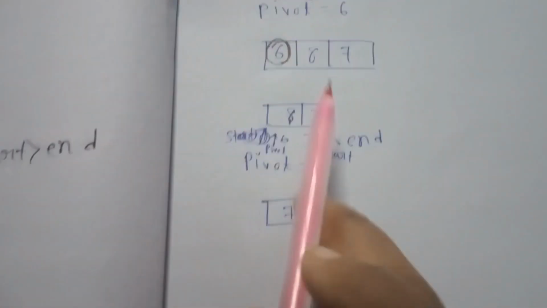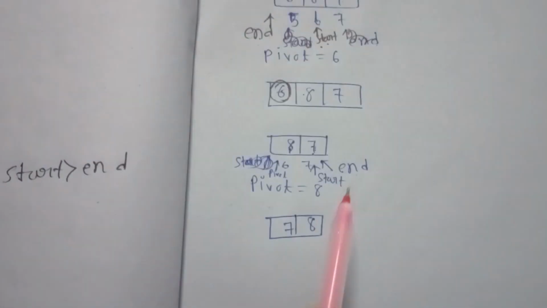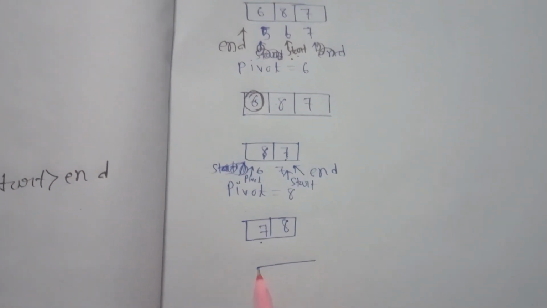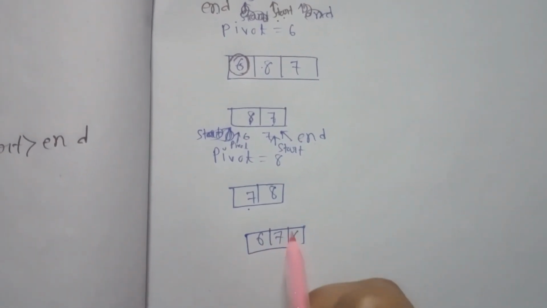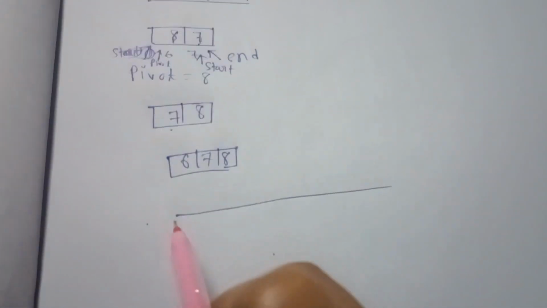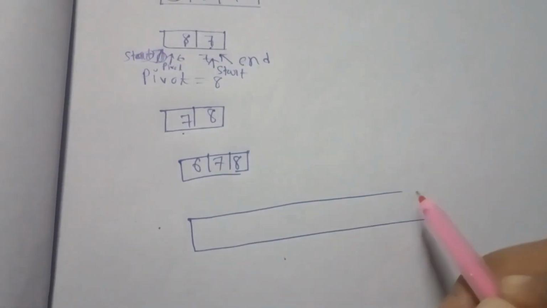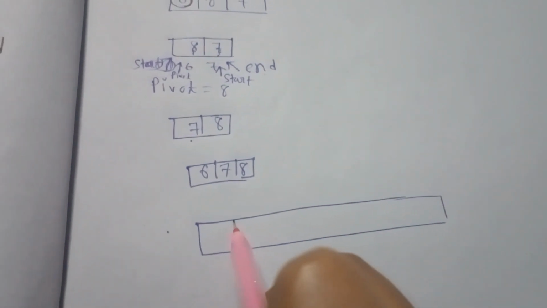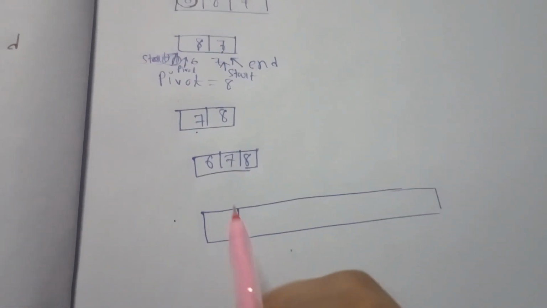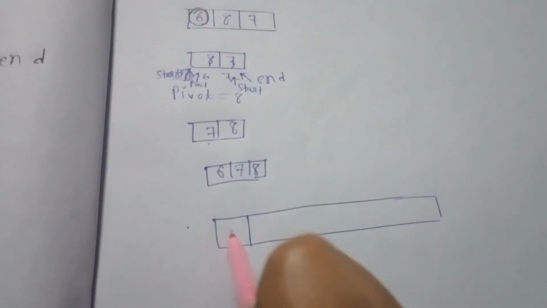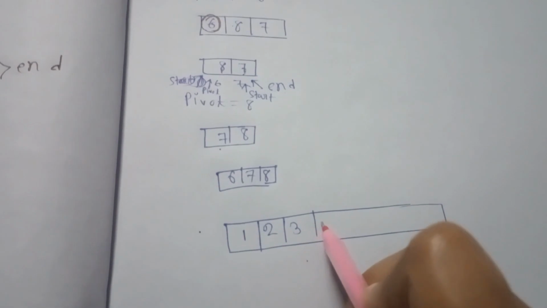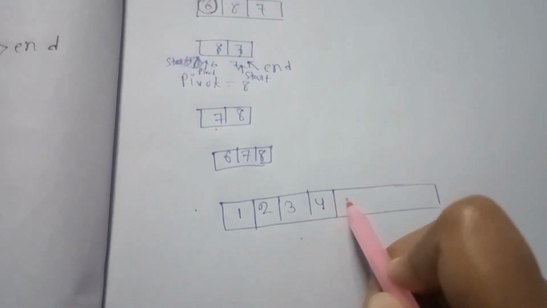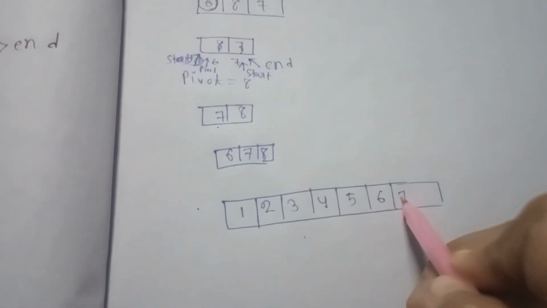So to merge this and this, we get 6, 7, 8, and merging all of the arrays in ascending order we get 1, 2, 3, 4, 5, 6, 7, 8.